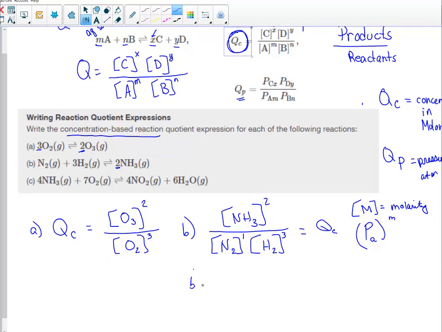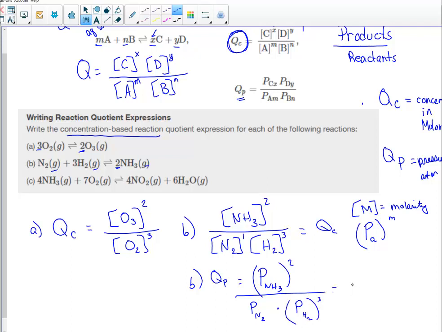Now, if it wanted us to, it didn't, but if I wanted to write out the partial pressure, it would work fine because these are all gases. I would simply rewrite this by saying the partial pressure in atmospheres instead of molarity of ammonia squared, set over the partial pressure of nitrogen times the partial pressure of hydrogen, and that would be cubed.